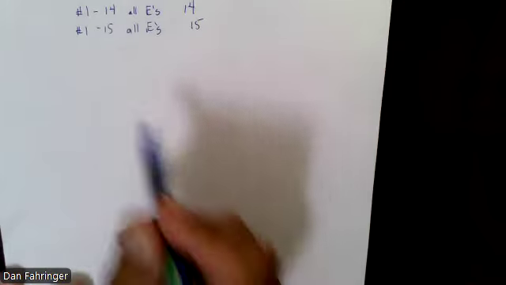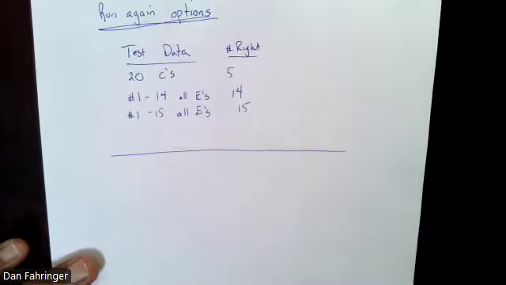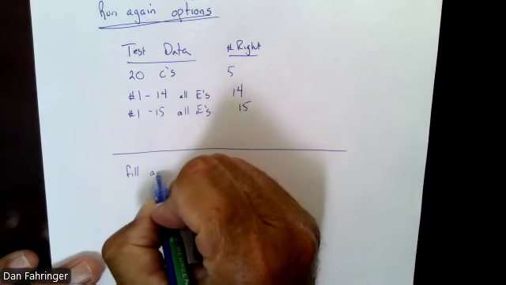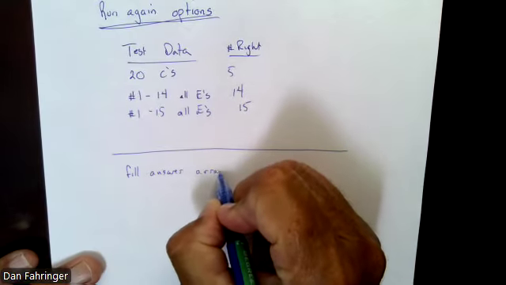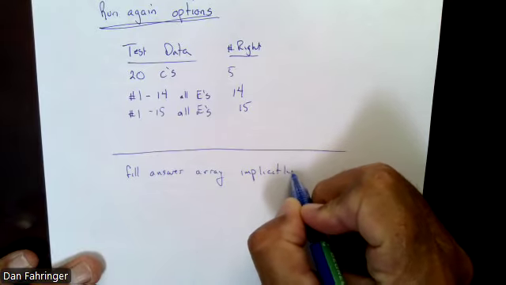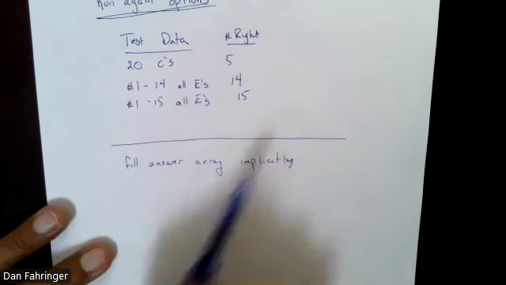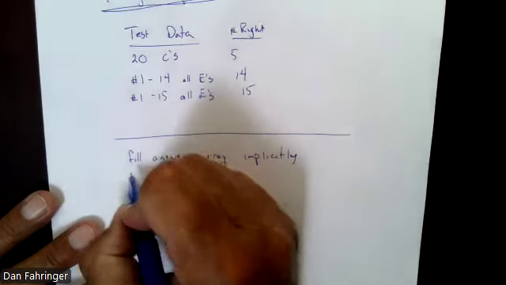So if I come into my program, one of the first things is I'm going to fill the answer array implicitly. That kind of makes sense. I'm going to put that in. That's easy. That's not really coding. So I need to fill the answer array.